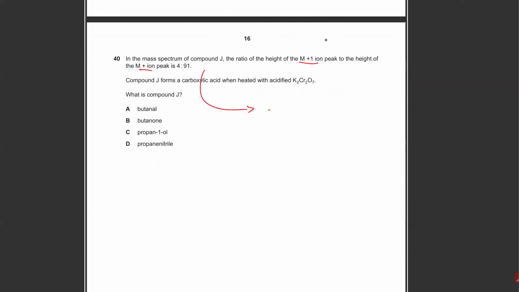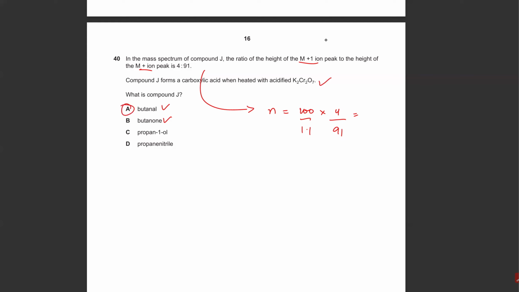The formula is 100 times the abundance of M+1 over 1.1 times the abundance of M. That gives 4, so it can't be C or D. So it's A or B. But it says it gets oxidized to form carboxylic acid, so it's an aldehyde. So it's A. Okay, so here we are done with this paper.